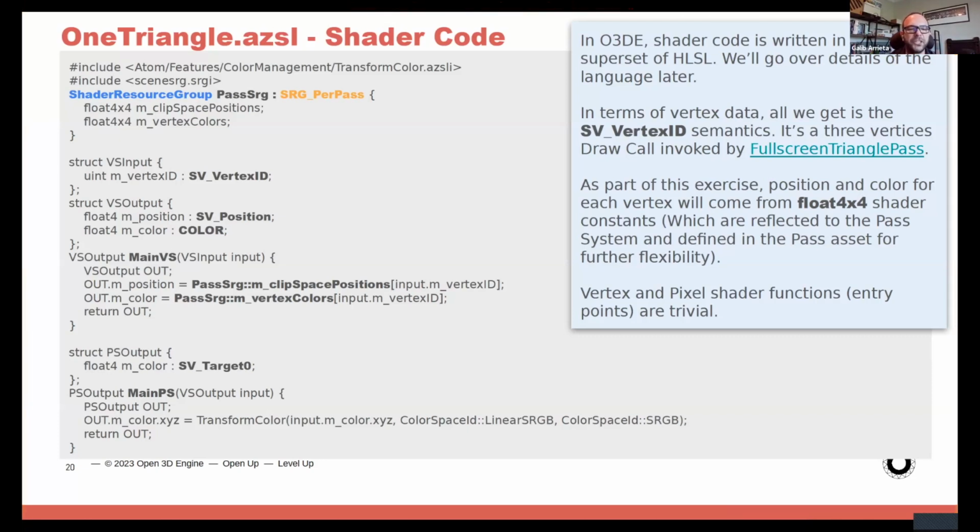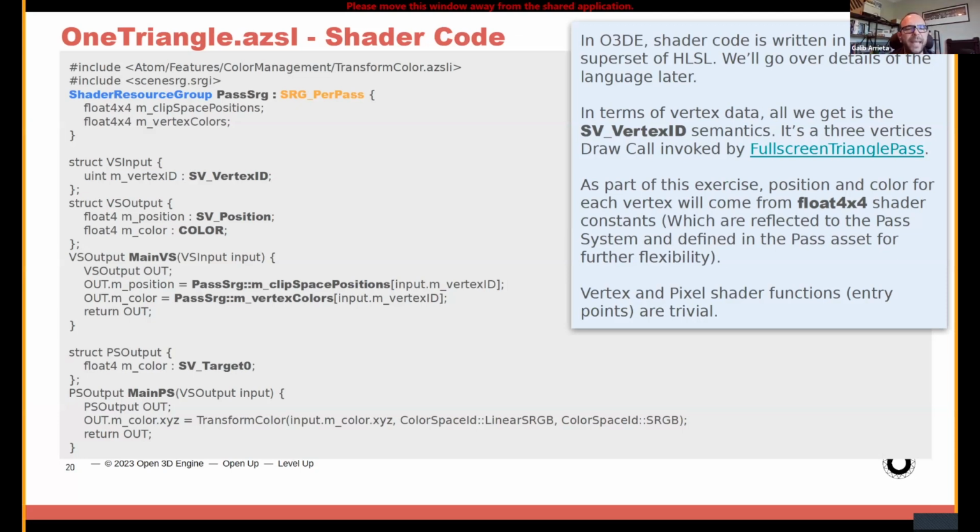And of course, the pixel shader just takes the color that was given coming from the vertex shader, and basically that's a final conversion from linear sRGB to sRGB, so the colors show correctly on the screen.